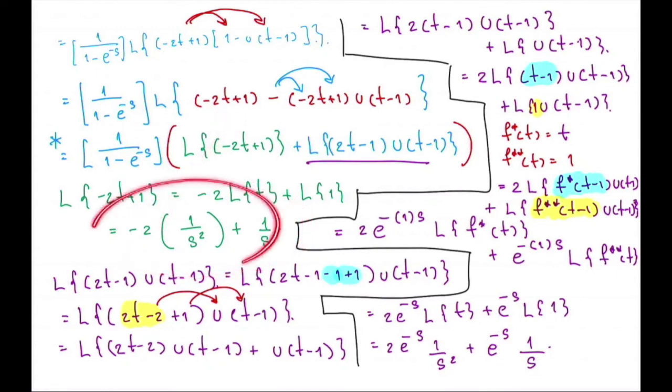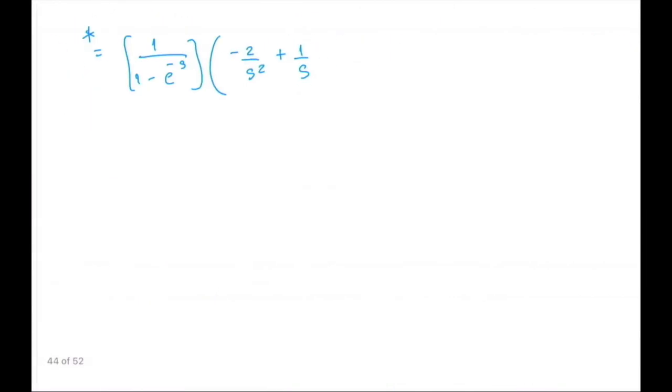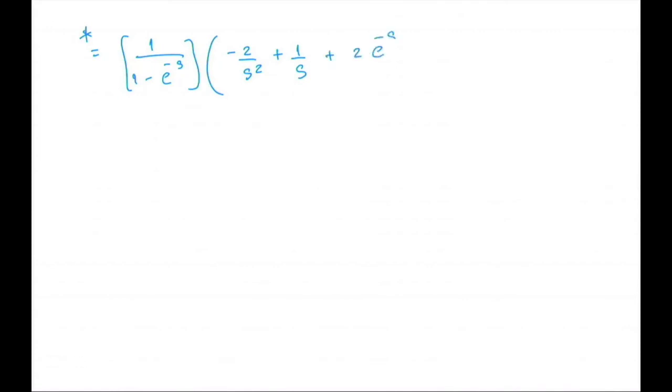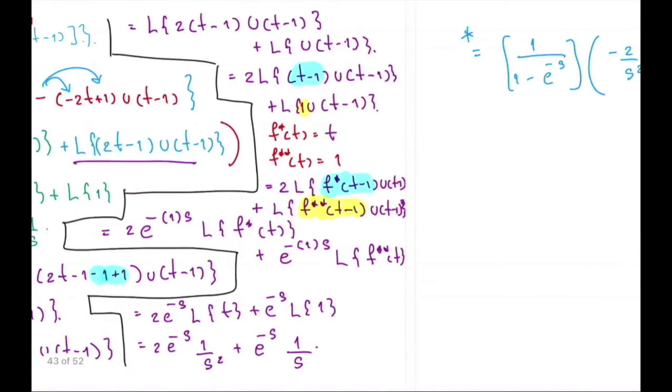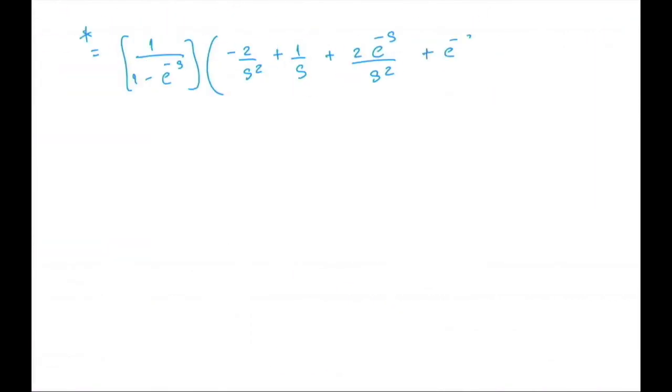And then we have this guy from that. So we have 2 e to the minus s divided by s squared, plus e to the minus s divided by s. Okay, and that is the solution.